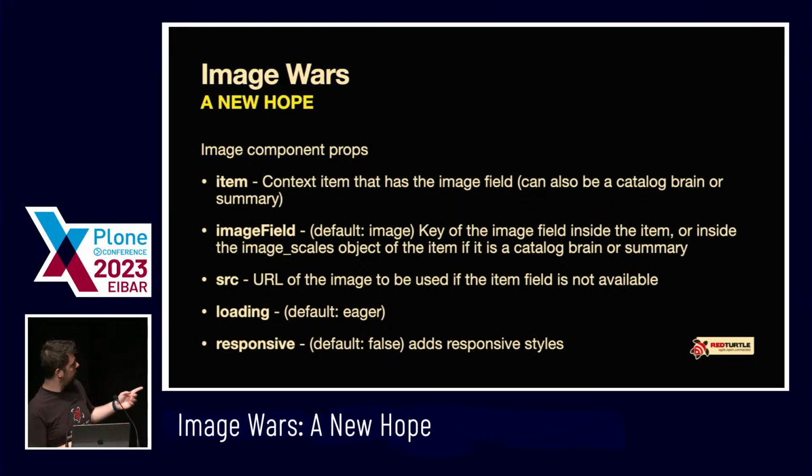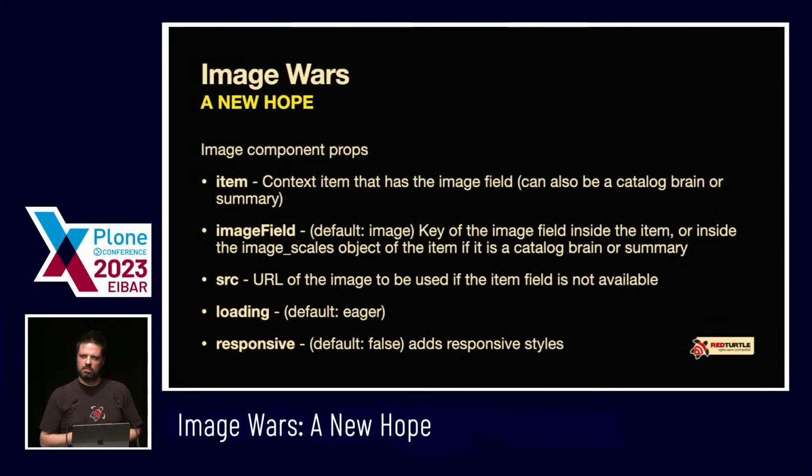It has a loading property, just as the HTML element does. It has an extra property which is responsive. It just adds a class to the item, and there are 2 or 3 lines of code in Volto core CSS that turn your image responsive. So it adds max width, height, and so on.